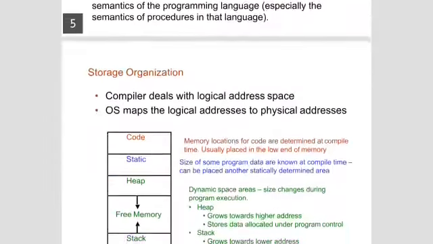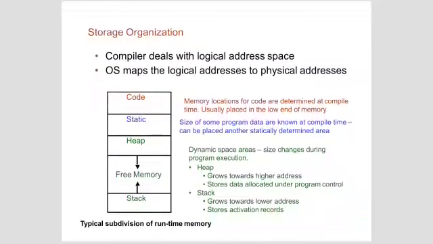Now let's start with storage organization. The compiler deals with logical address spaces. Yes, it deals with only logical address spaces. The executing target program runs in its own logical address space in which each value has a location. The management and organization of this logical address space is shared between the compiler, OS and the target machine.